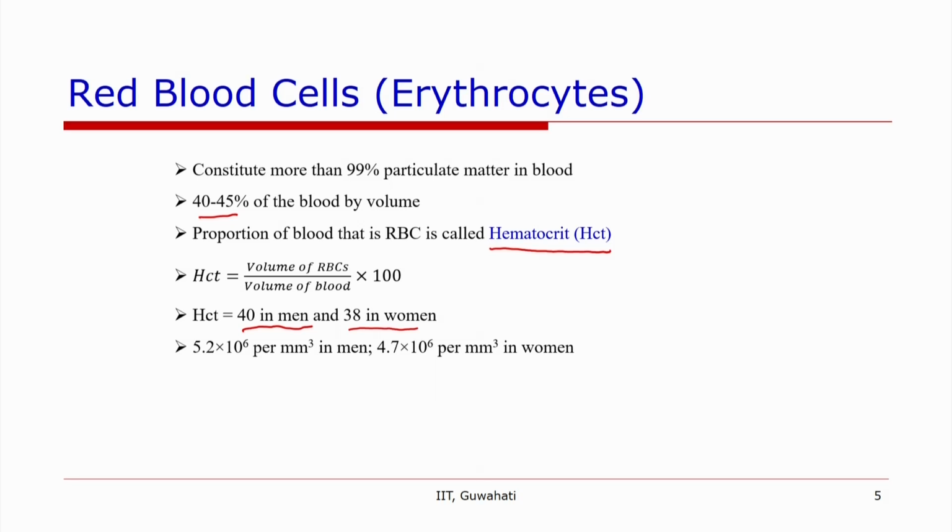Again, these numbers are only indicative. Because red blood cells constitute the major suspended particles in plasma, they are the main factor determining the rheological behavior of the blood.